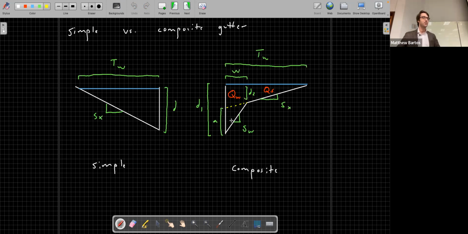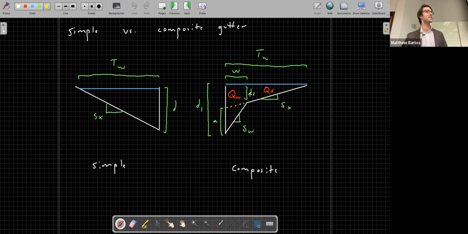So how can we determine this slope here from the variables that we do have? We want to know the slope of the section of the gutter that's closest to the curb. How can we solve this geometry problem? Do you have an idea? Well, you have W. You have that. This is D1 and this is D2.